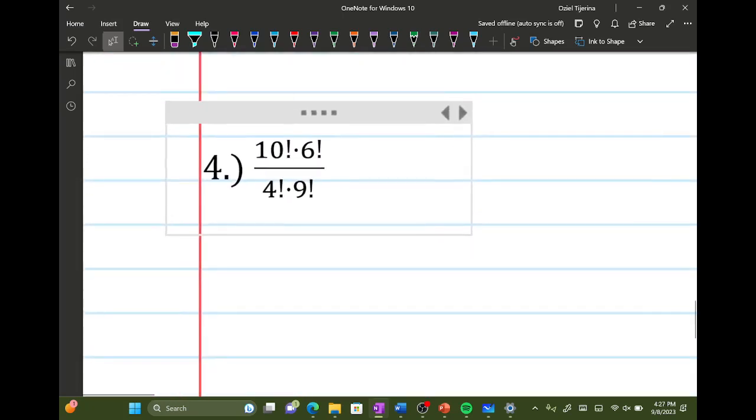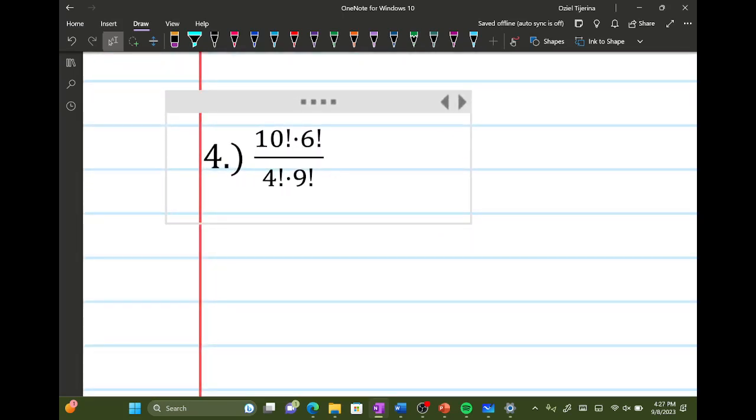So we have 10 factorial times 6 factorial over 4 factorial times 9 factorial.